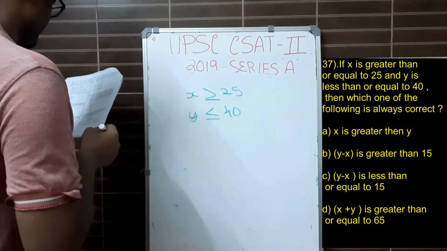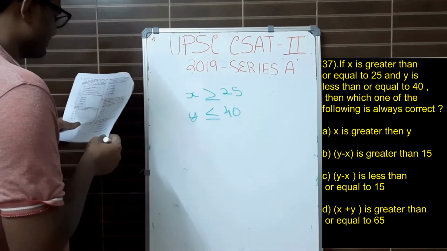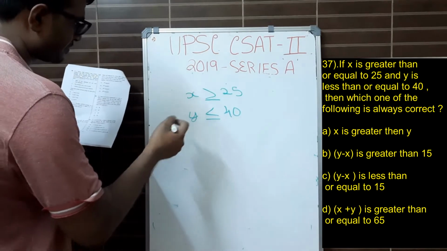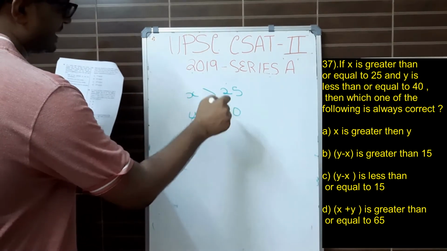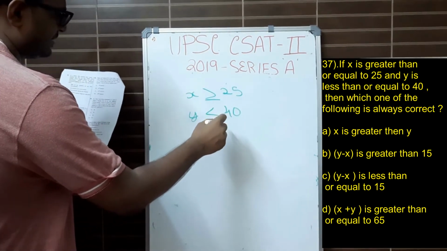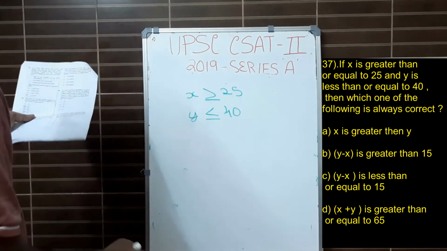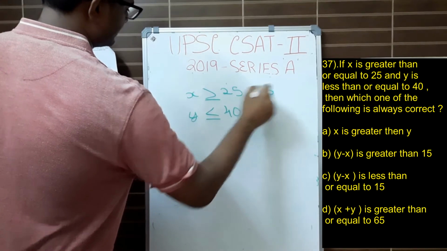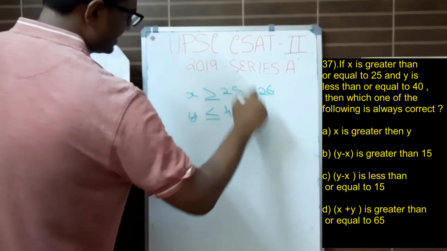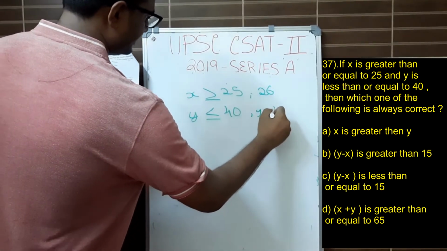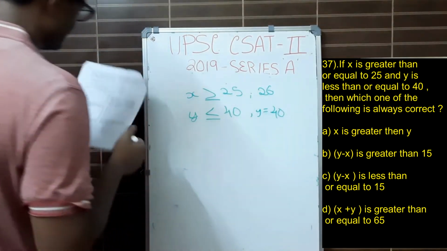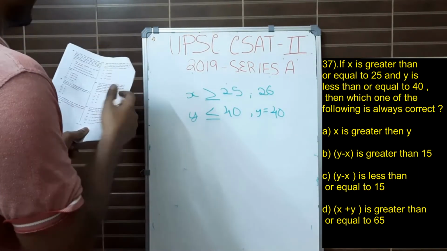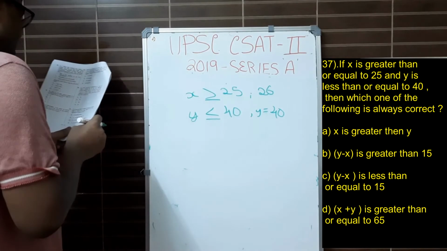So A is wrong. Y minus x is greater than 15, option B. See, y minus x is greater than 15 only in certain conditions. As I said, say x is 26, since x is greater than or equal to 25. Say y is 40. See, always with the options we need to try to prove that it is wrong. That should be our effort.